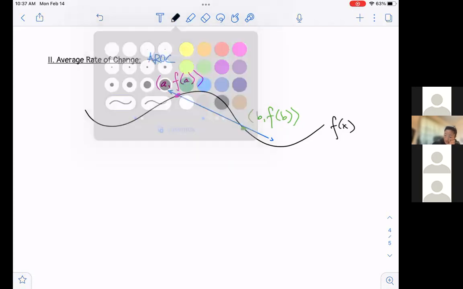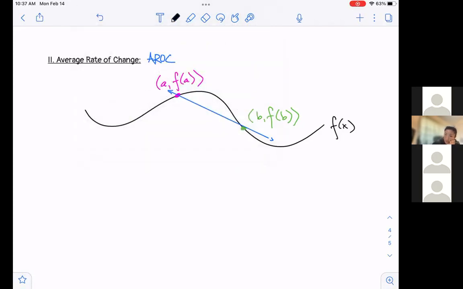How, my friends, would you find the slope of the line? By following the formula. So we could say the slope is f of b minus f of a over b minus a, where this is the green point, this is the pink point.